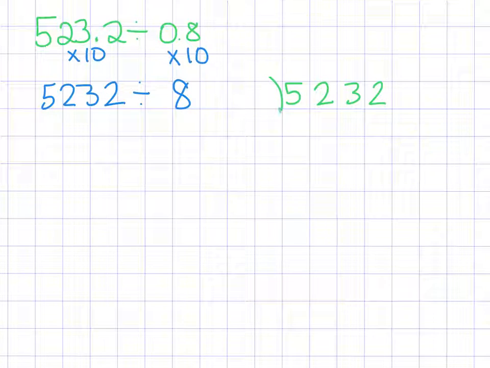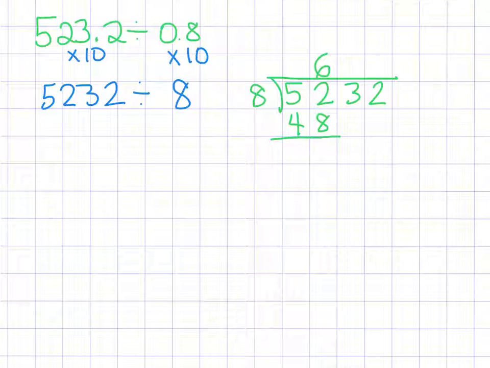5,232 divided by 8. And 8 goes into 5 0 times. 8 goes into 52 6 times. 8 times 6 is 48. When I do the subtraction, so I'm thinking 8 goes into 44 5 times, with 3 as my bring down number. 8 goes into 43 5 times. 8 times 5 is 40.